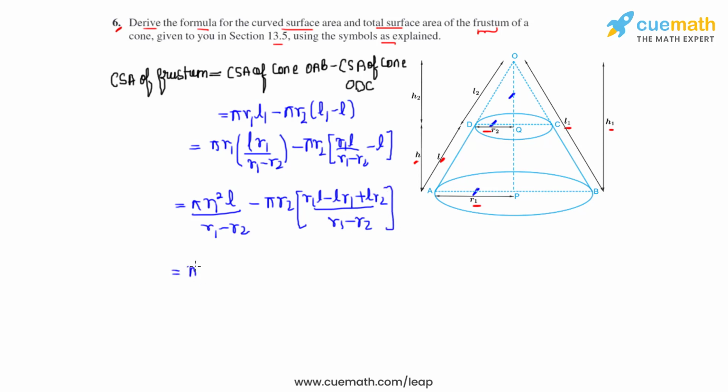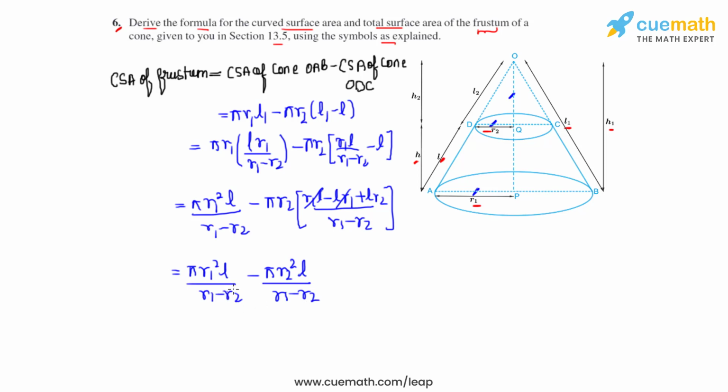On simplification, we get pi R1 square L divided by R1 minus R2 minus pi, inside the brackets, R1 L and L R1 get cancelled. So we get pi R2 square L divided by R1 minus R2.